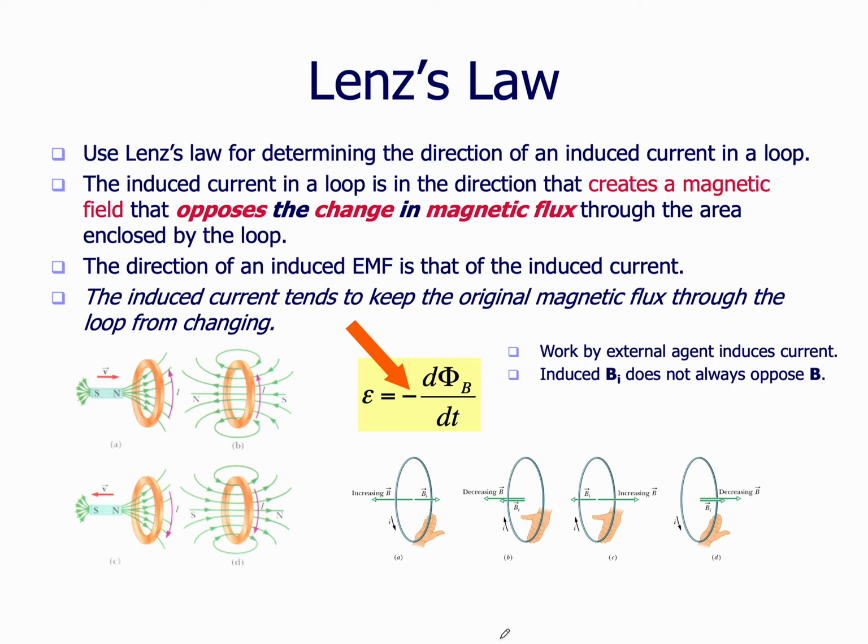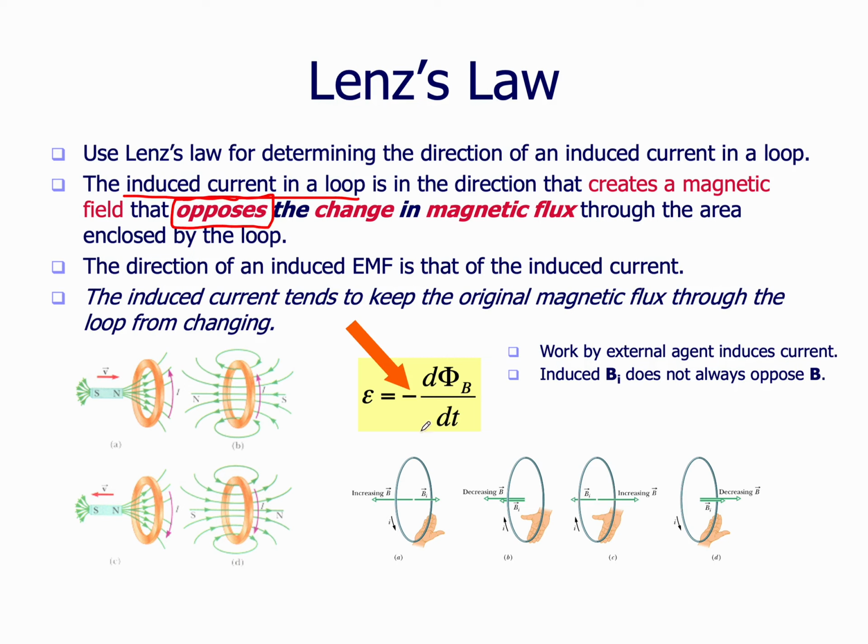Lenz's law is the last thing I want to talk about. Remember that negative sign we talked about here in that equation, and I promised I'd tell you about it? The negative sign here really doesn't affect the magnitude, but it's based on this idea that Lenz discovered. Lenz, L-E-N-Z, discovered that the induced current in a loop creates a magnetic field that always opposes the change in magnetic flux.